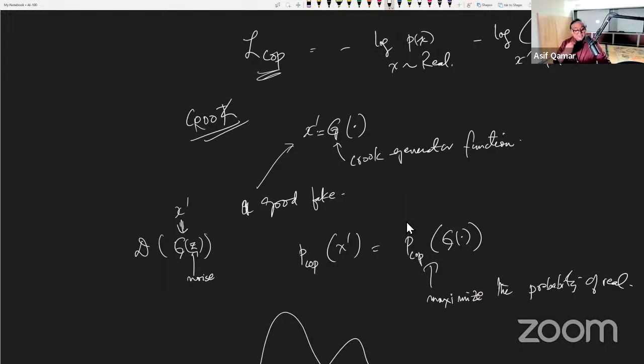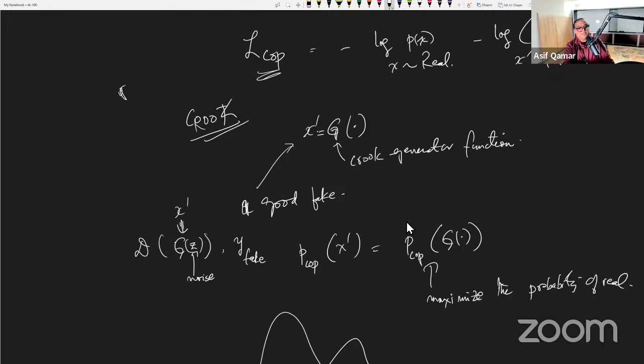Suppose the discriminator comes up with a very low number for it being real. Oh boy, you're in trouble, isn't it? What you really want is that the discriminator should not be able to tell that this is fake, right?